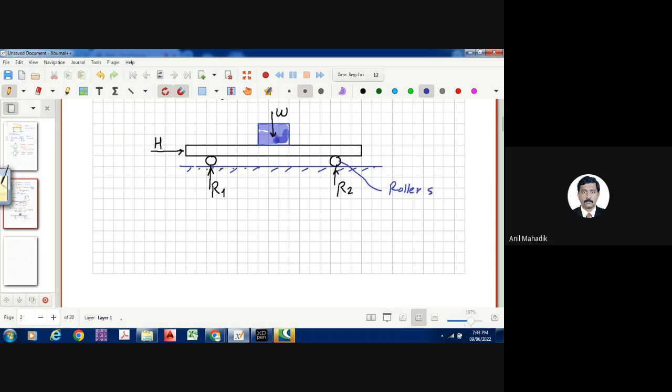So a roller support gives vertical resistance. Vertically it can take the load, but can it take load in the horizontal direction? No, sir. So vertical reaction is possible in roller supports. But can there be a horizontal reaction? No horizontal reaction, because the roller will move.